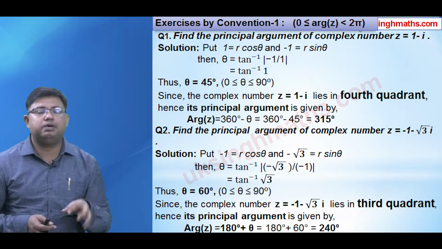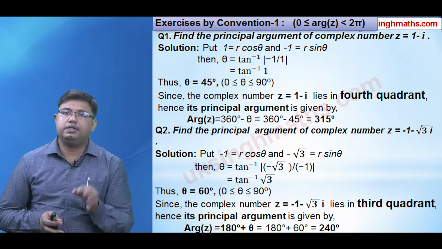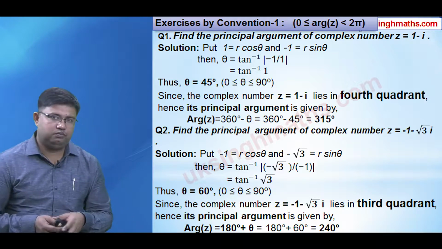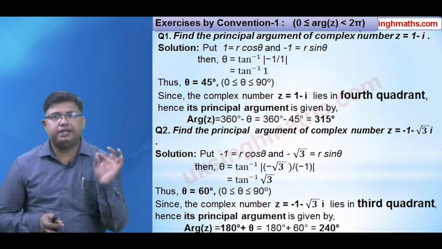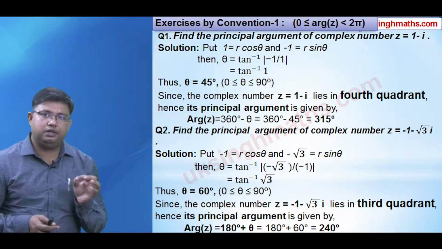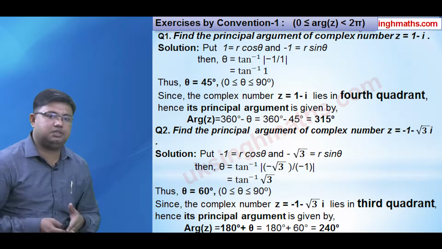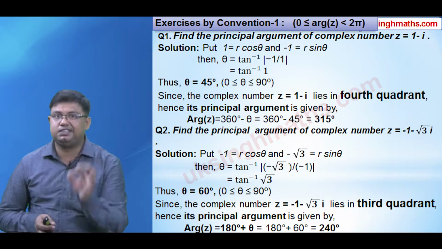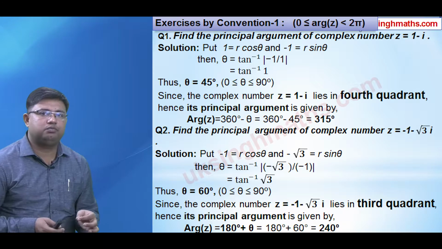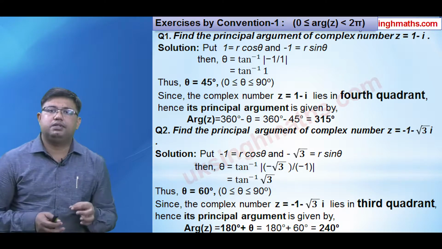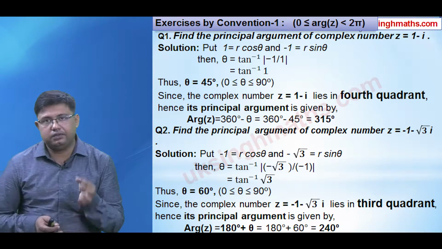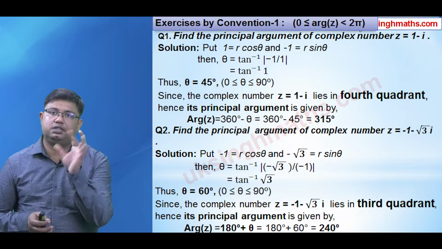Take z equal to minus 1 minus root 3 i. According to the algorithm we have studied, put minus 1 equal to r cos theta and minus root 3 equal to r sin theta, and follow the steps. You will find theta equal to 60 degrees. With the knowledge of geometry, you know that this complex number z equal to minus 1 minus root 3i lies in the third quadrant.